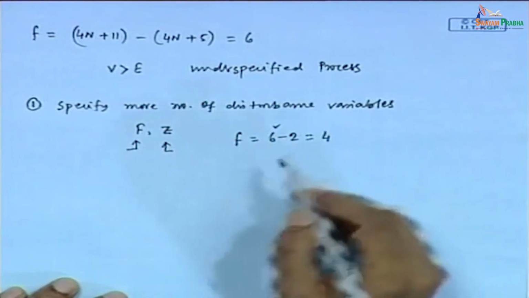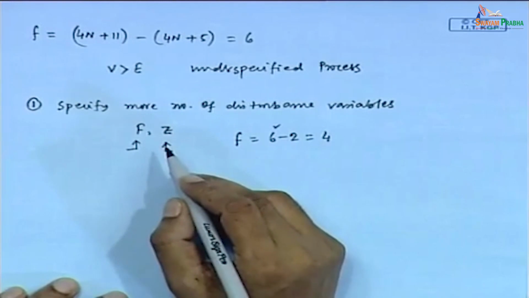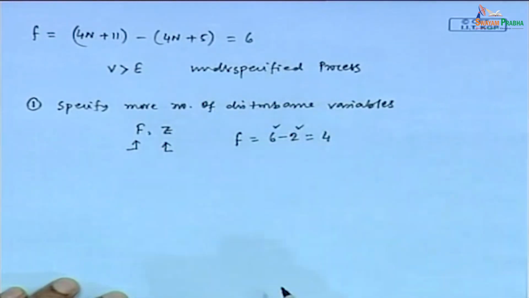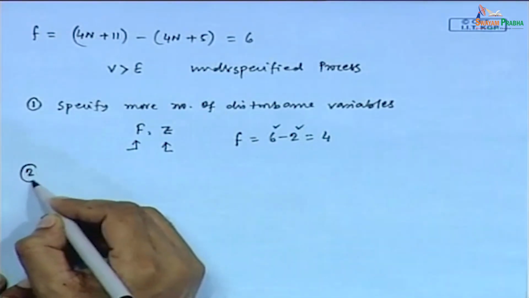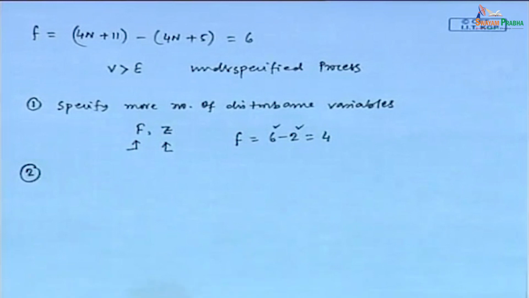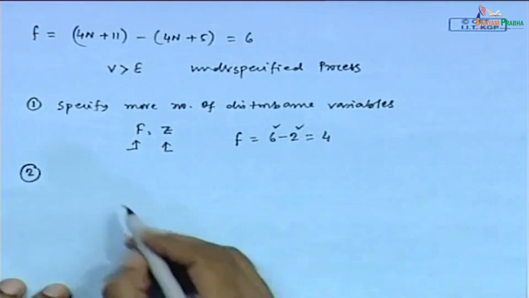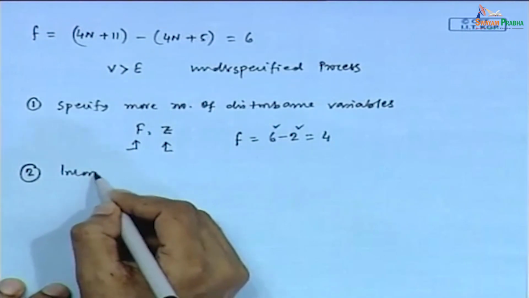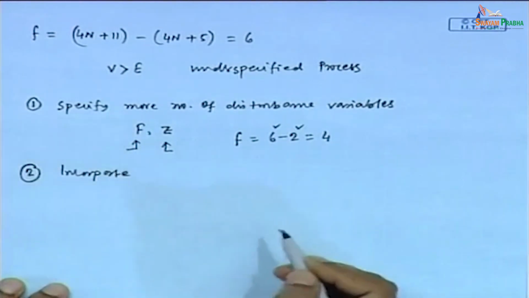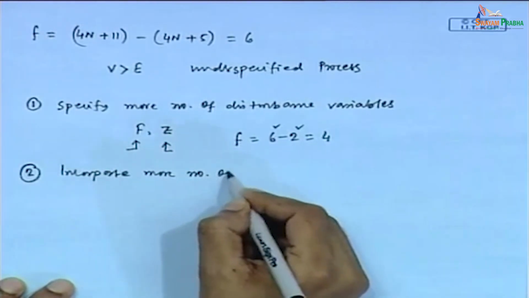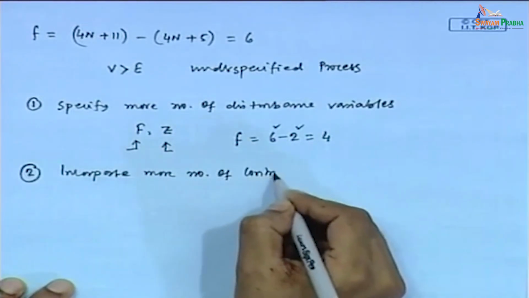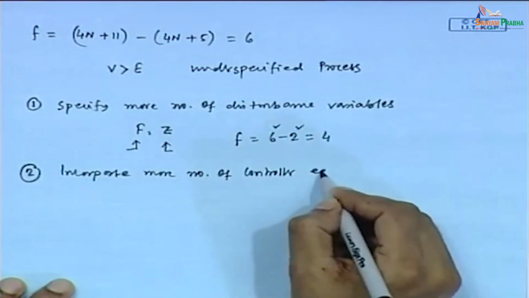We are trying to specify these two disturbance variables, that means minus 2. So, F becomes 4. What is the another option to make the process exactly specified? We can incorporate more number of control equations. So, second option is we can incorporate more number of controller equations.